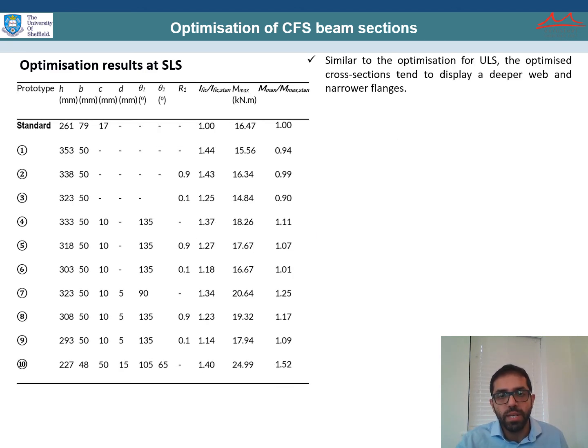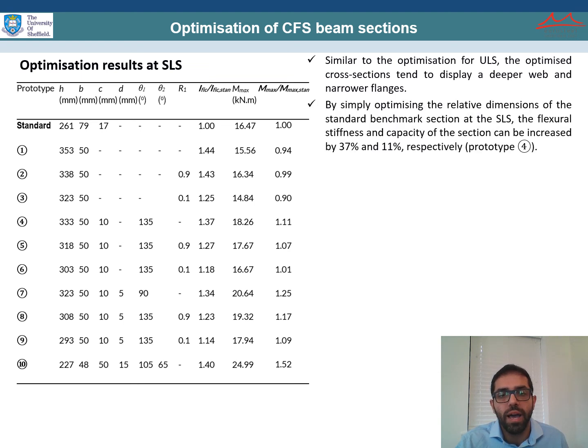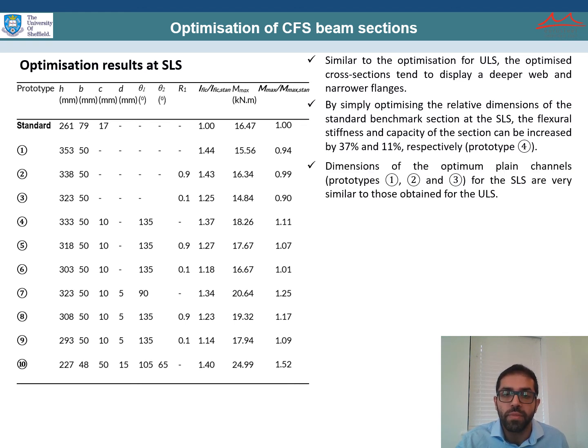At the serviceability limit state, similar to the optimization for the ultimate limit state, the optimized cross sections tend to display a deeper web and narrower flanges. In addition, by simply optimizing the relative dimensions of the standard benchmark section at the serviceability limit state, the flexural stiffness and capacity of the section can be increased by 37% and 11% respectively.